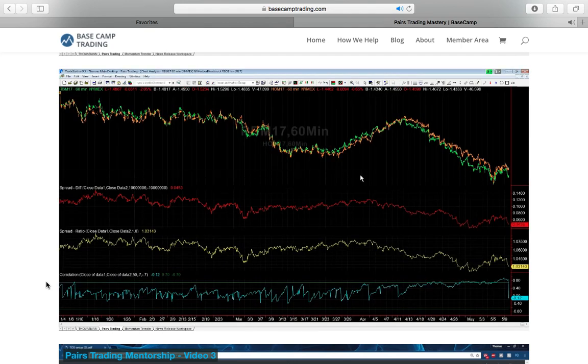Now, another thing, if you have strong reason for directional bias, all right, you know how yesterday we talked about notional value and weighting each leg of the pair according to the notional value?